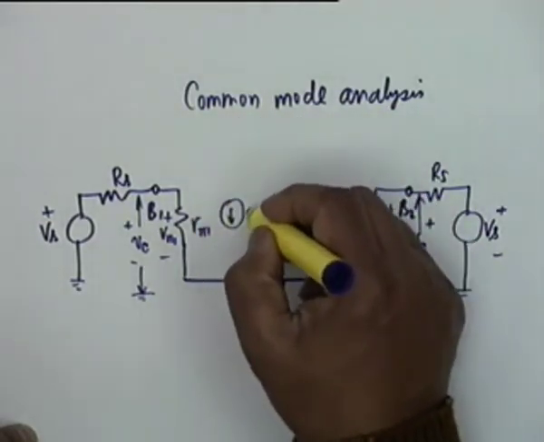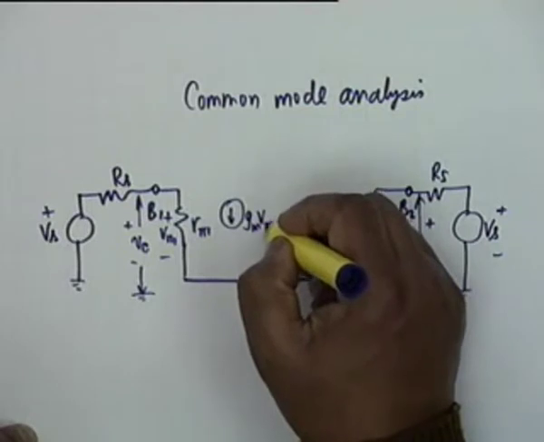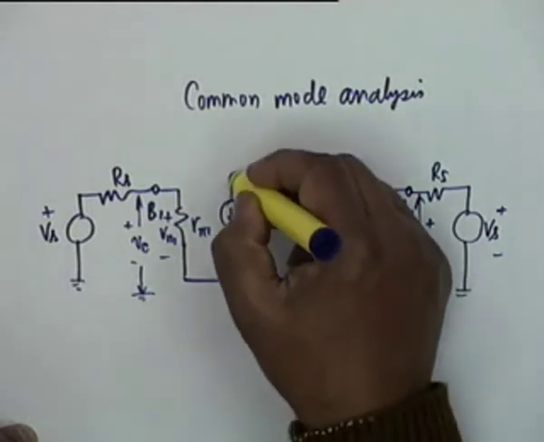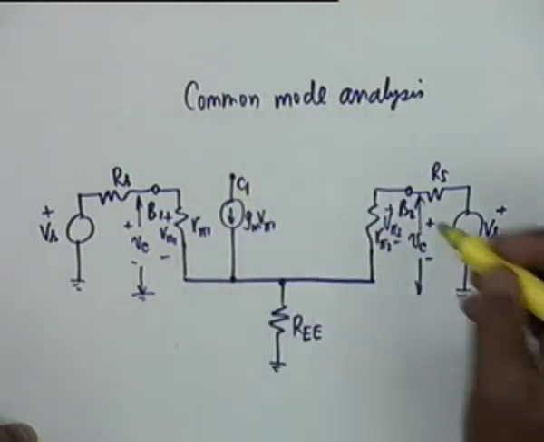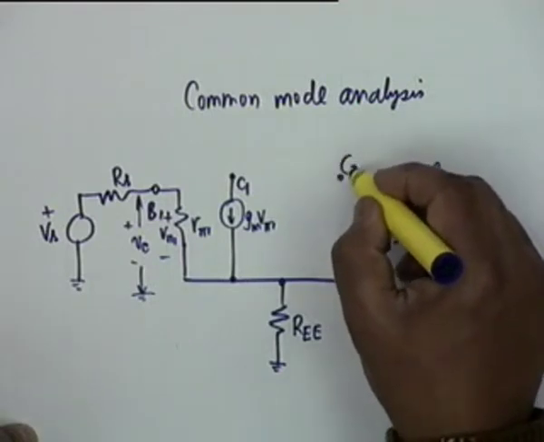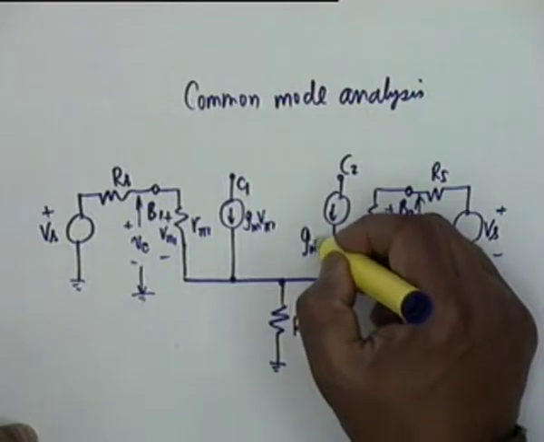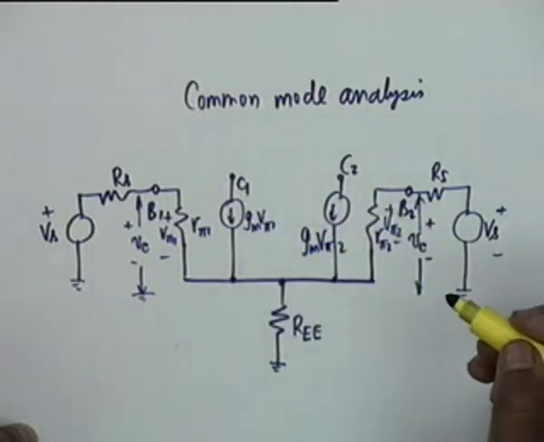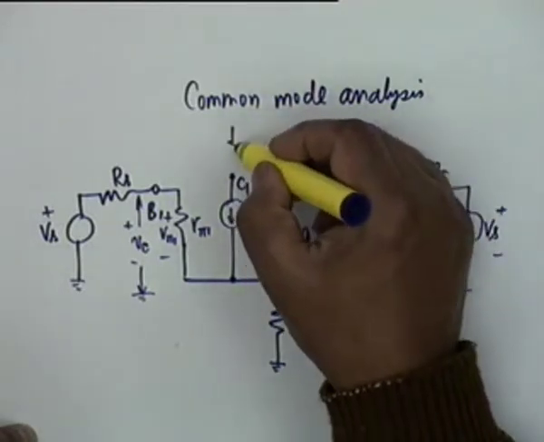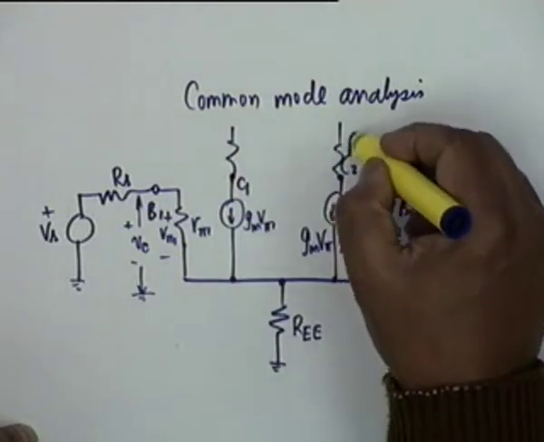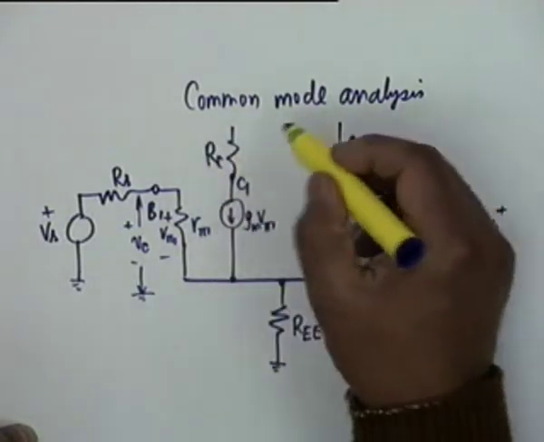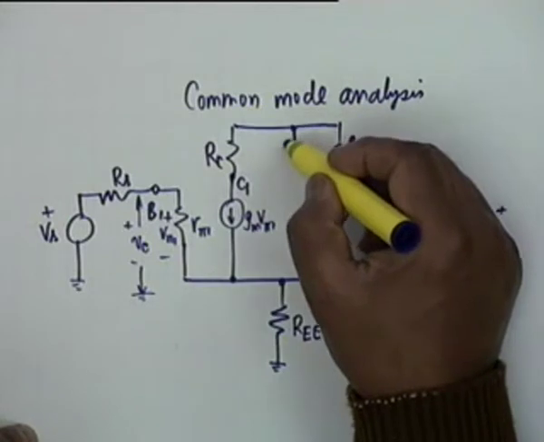There is a current source GM V pi 1 at collector 1, and a current source GM V pi 2 at collector 2, and the same story with R sub C and R sub C. These two connect together and are connected to ground.